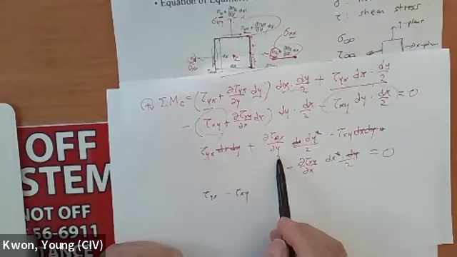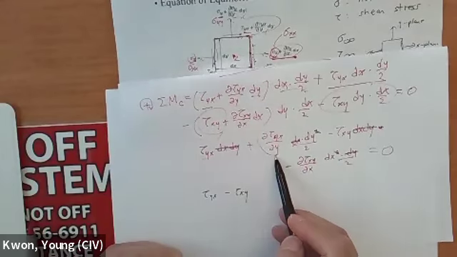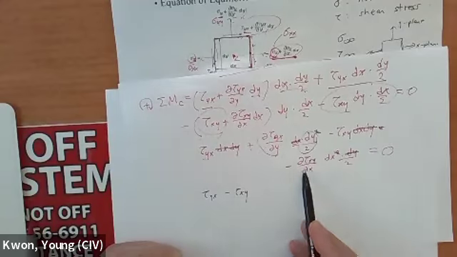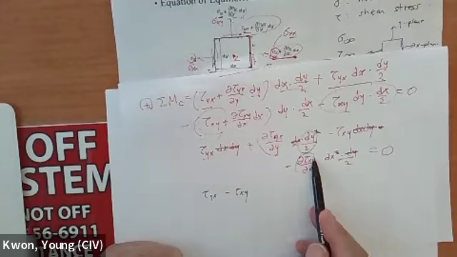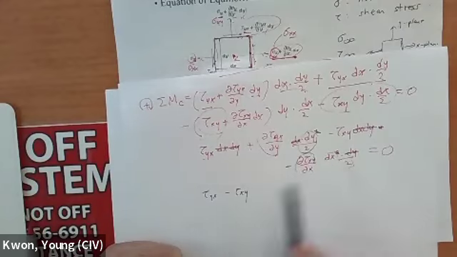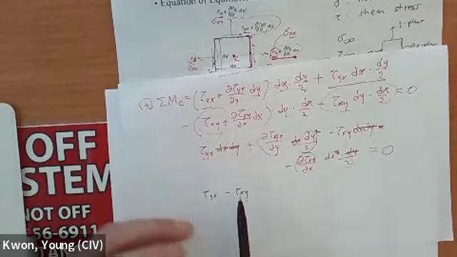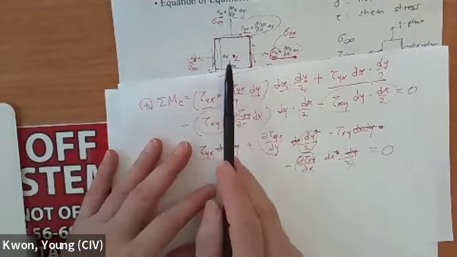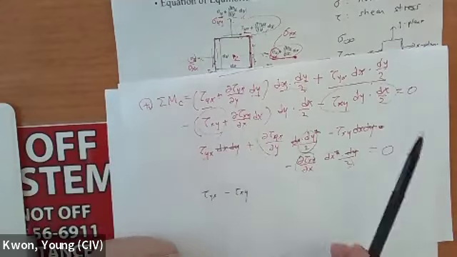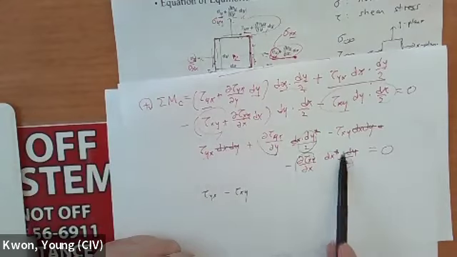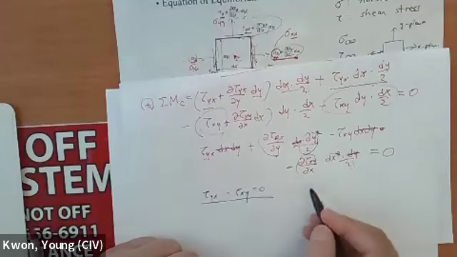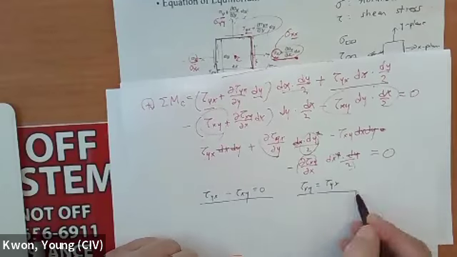Now, the other terms are some value multiplied by dy over 2 and some value multiplied by dx over 2. So when dx and dy approach 0, in other words in the limit process where the element becomes a single point, those two terms disappear, so you have only these terms. That means tau sub xy is tau sub yx.